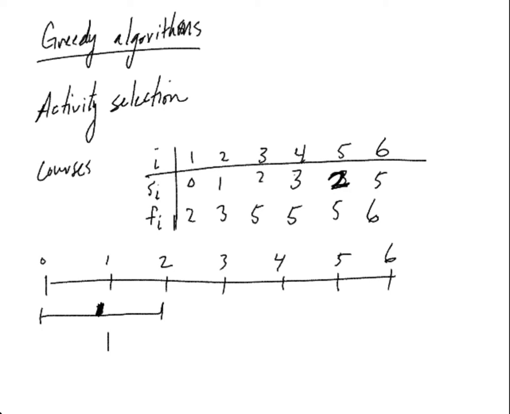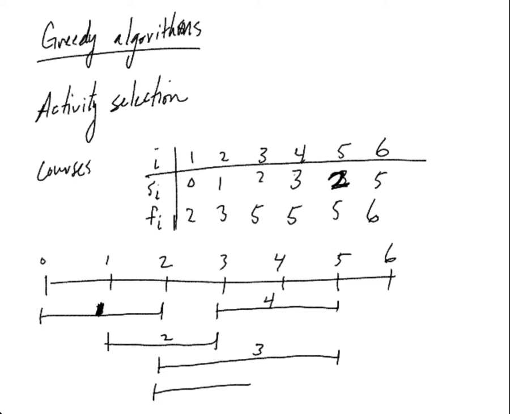Course 2 goes from 1 to 3. Course 3 is from 2 to 5. Course 4 is from 3 to 5. Course 5 is from 2 to 5. And course 6 is from 5 to 6.